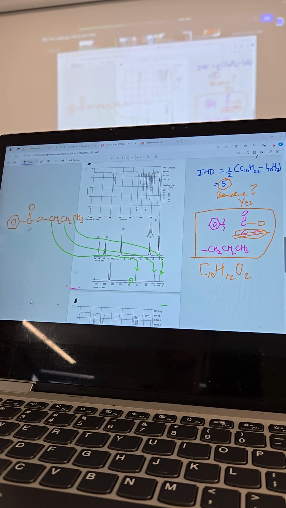I do it different ways just to show everybody that everything is okay, as long as it's clearly connecting a specific atom to a specific signal. Could we write the wave numbers? Absolutely. Whatever works for you, however you prefer to do it.